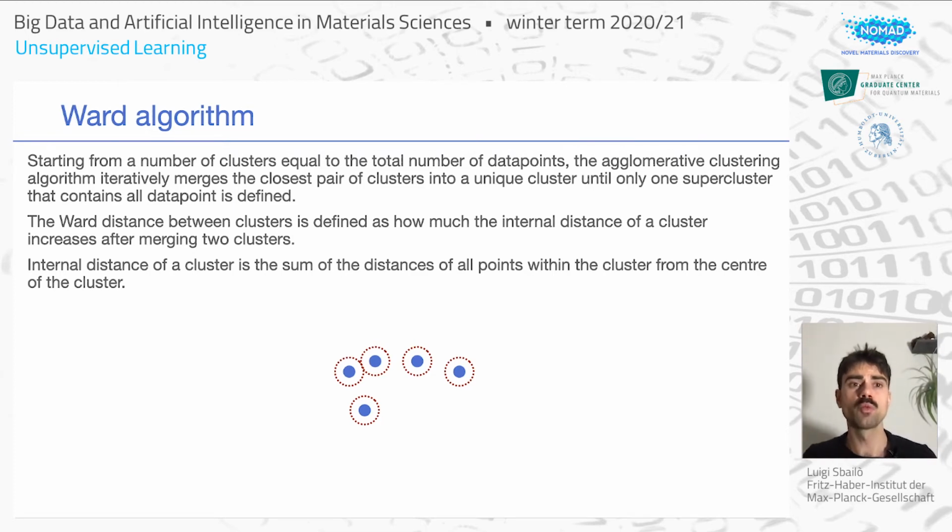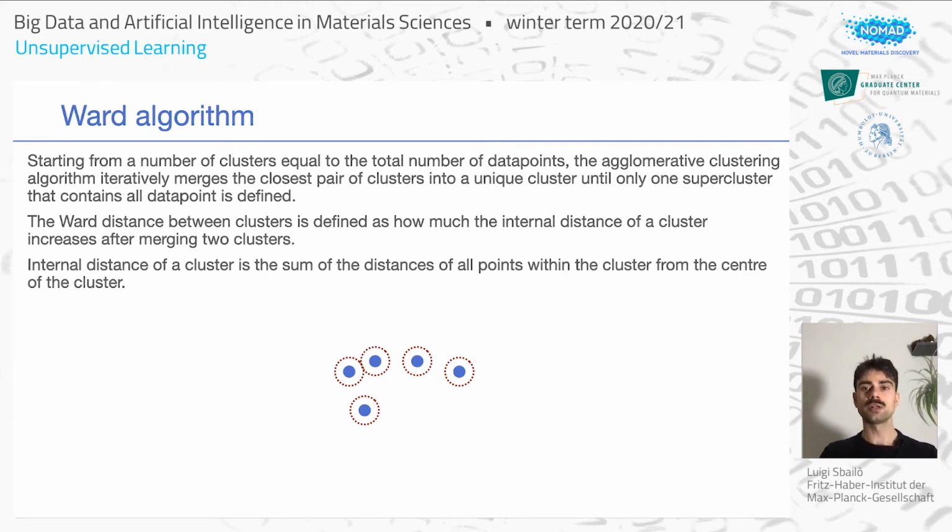And this is where the Ward algorithm is useful. The Ward algorithm determines how these distances are computed. And what it says is that the distance between two different clusters is given by the difference in how much the internal distance of the cluster would increase after merging.